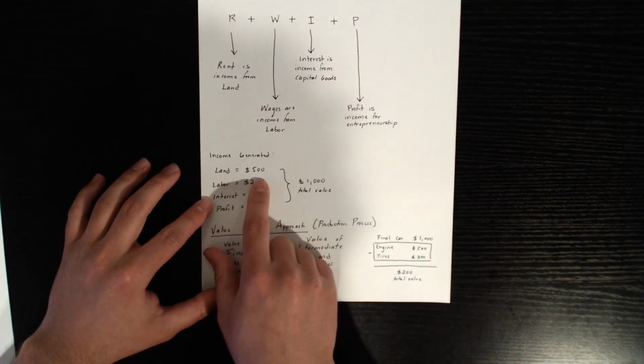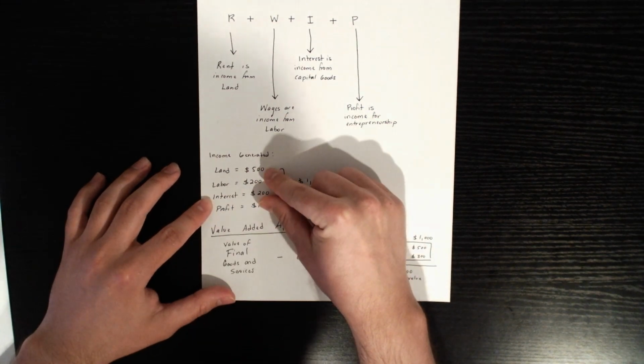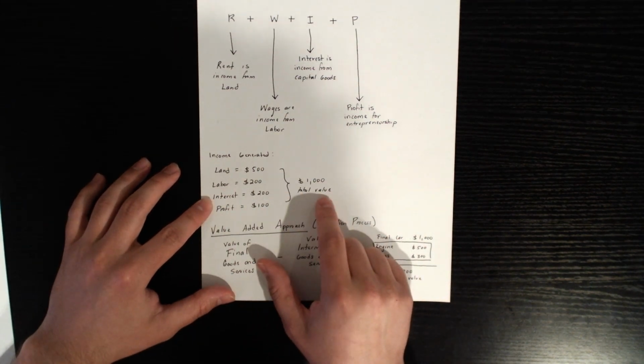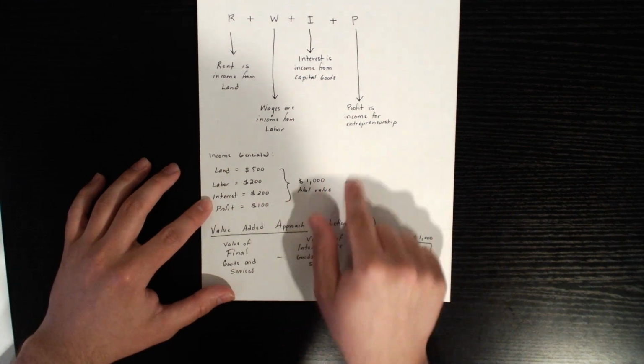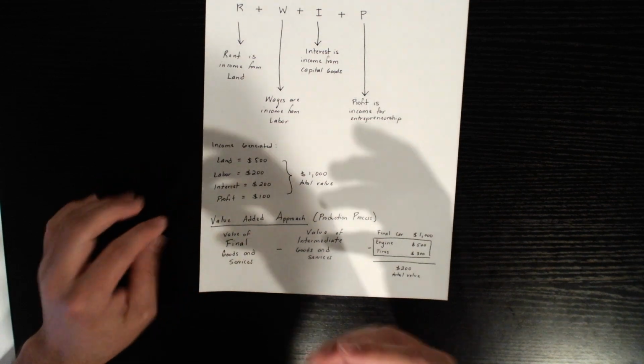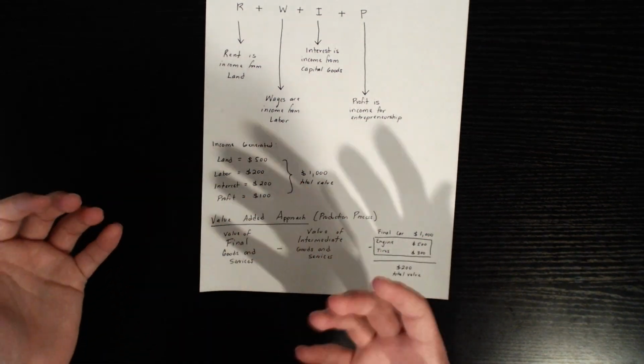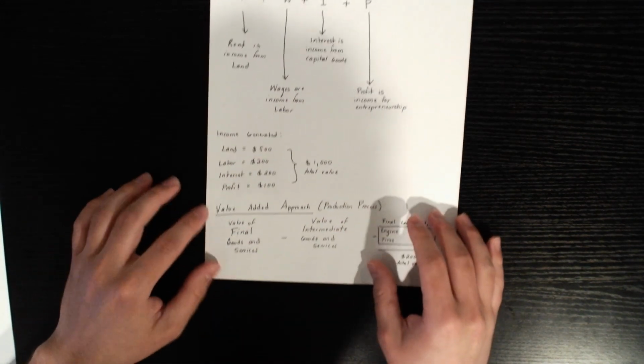So here you have the different incomes generated from each, and we're going to basically just add them all up together to see the total value of incomes in that country. That's another way to calculate how much GDP a nation has. Because one person's spending is technically somebody else's income.